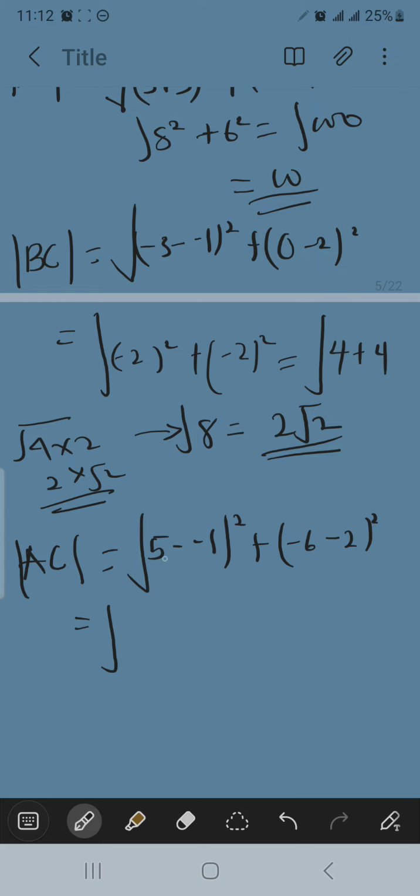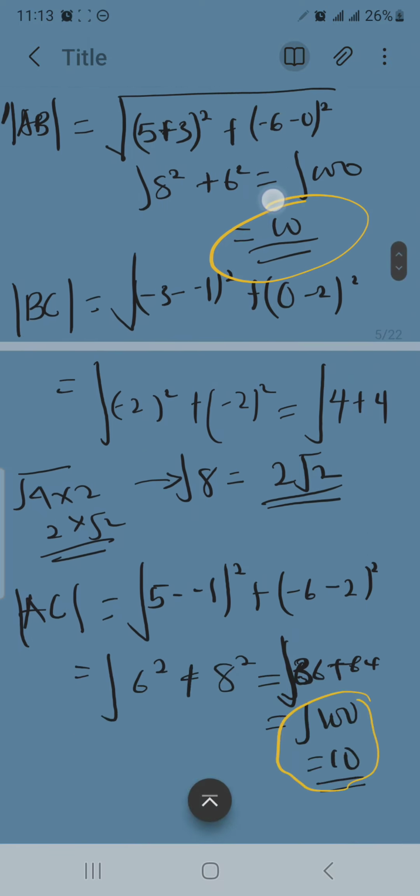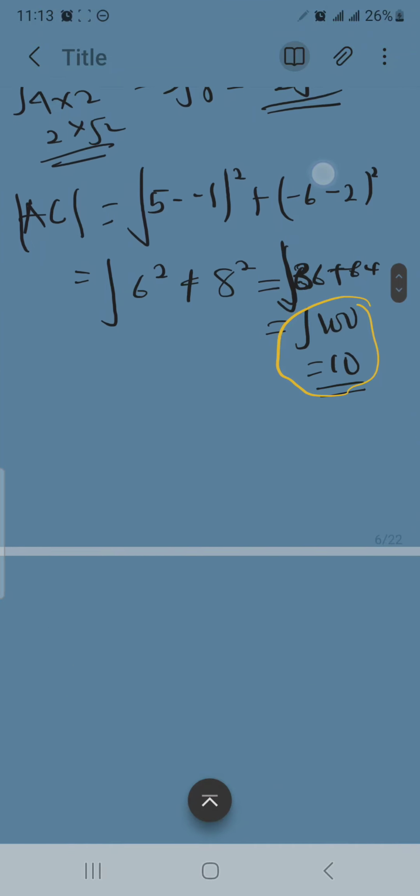So this one is equal to 5 minus 1 minus 1 will be now plus, minus will be plus, will now be 6 square plus minus 8, minus 2 minus 6 will be what? 8 square will now be equals to what? 36 plus 64 square root will now be equals to what? Square root of 100, which is now equals to what? 10. And from this, you must know that we already have two values that are equal, and the two values are this and this. It means that AB and AC are equal. And I hope you understand that.